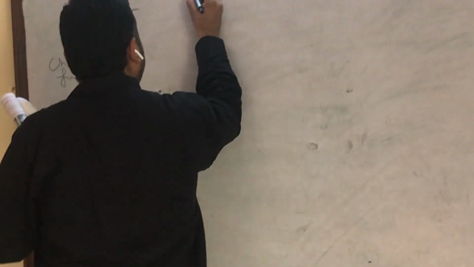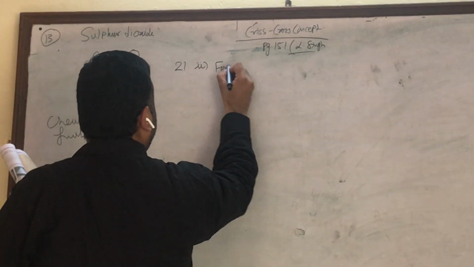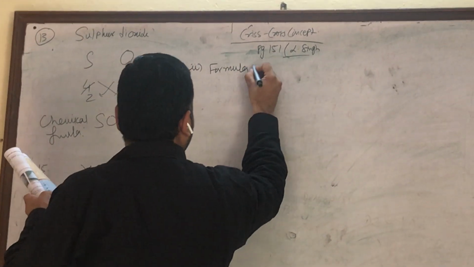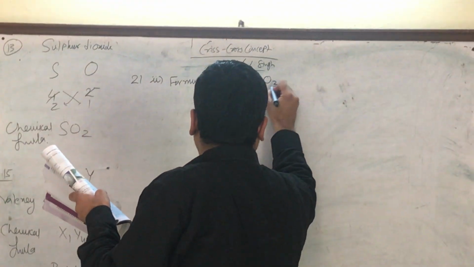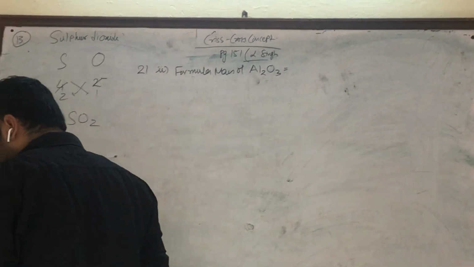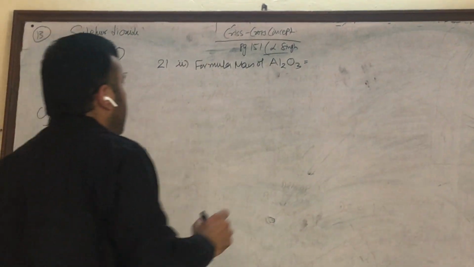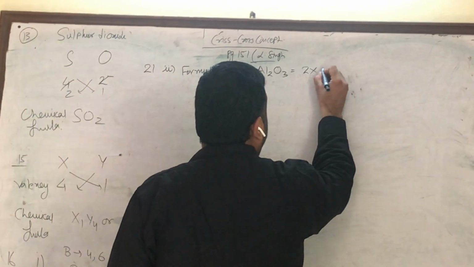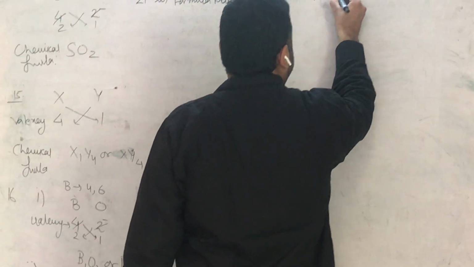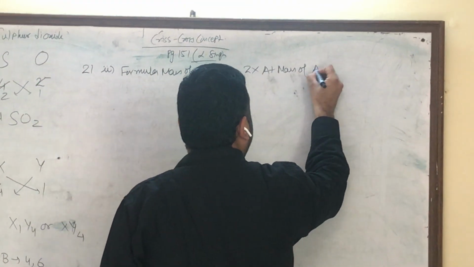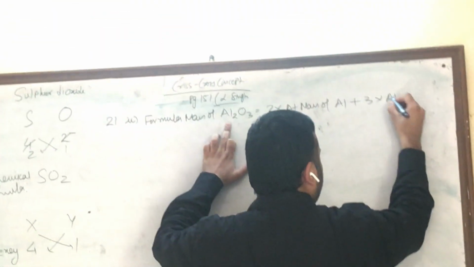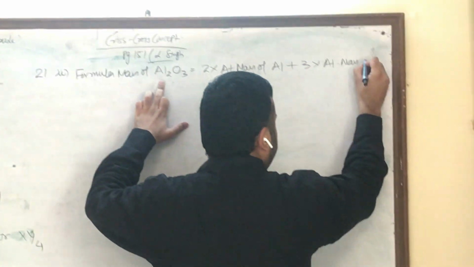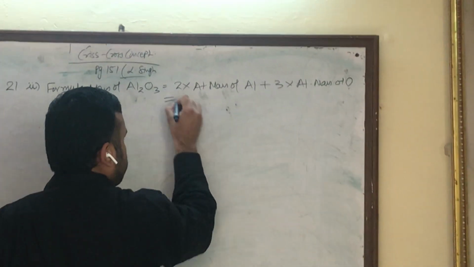I am doing the 21st question, second part. We have to find out the formula mass of Al2O3, and atomic masses of aluminium and oxygen are given to us. Formula mass of this would be 2 into atomic mass of aluminium, because 2 atoms of aluminium are there, plus 3 into atomic mass of oxygen.